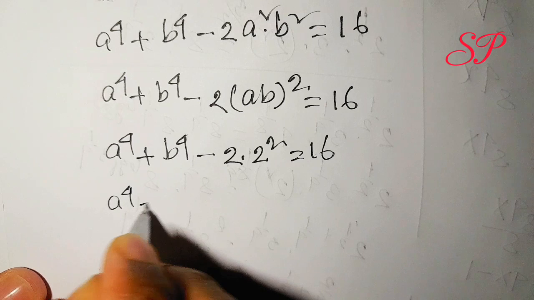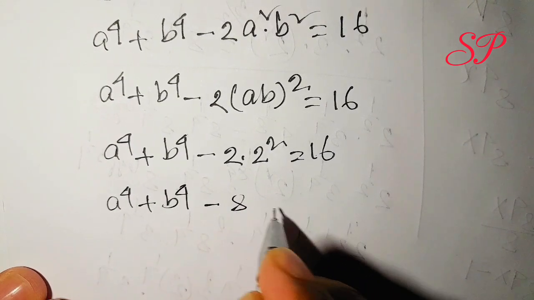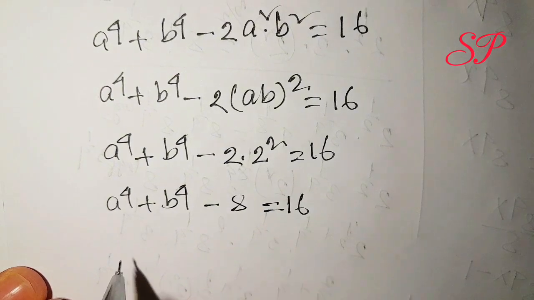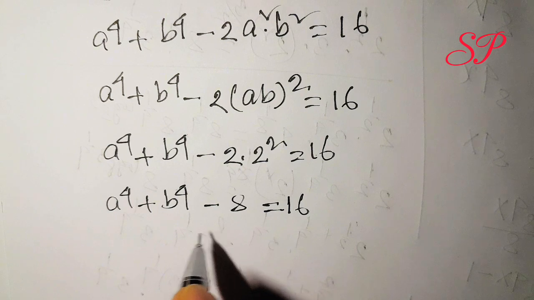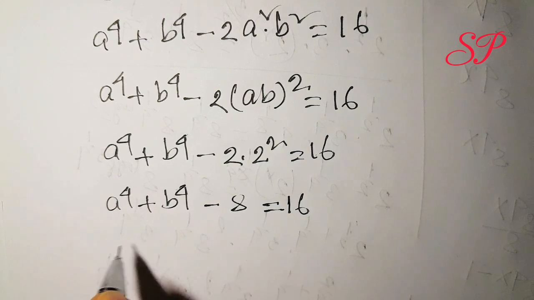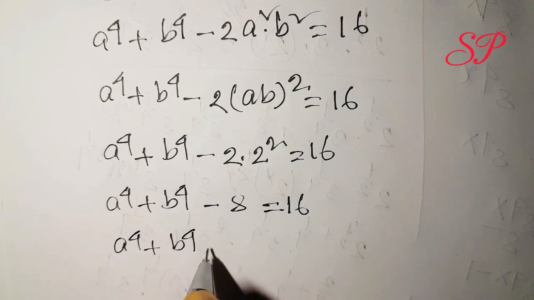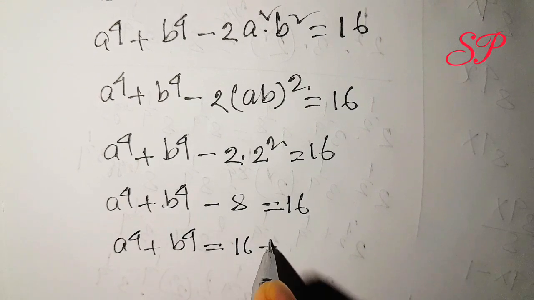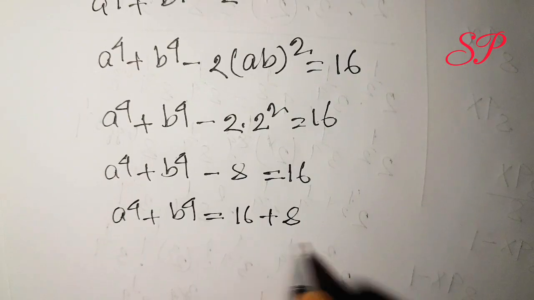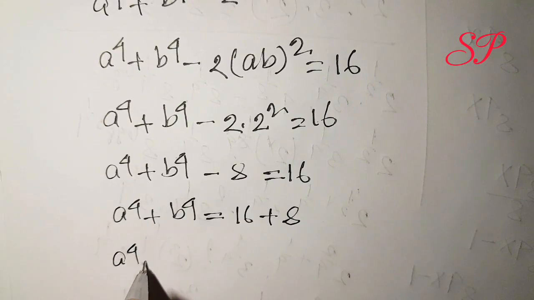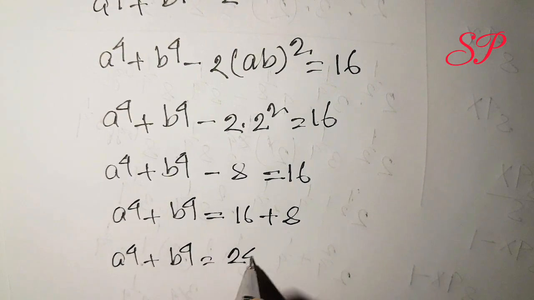Next we can write a to the power 4 plus b to the power 4 minus 8 is equal to 16. We transpose minus 8 from the left side to the right side. We can write a to the power 4 plus b to the power 4 is equal to 16 plus 8. So here we can write a to the power 4 plus b to the power 4 equal to 24.